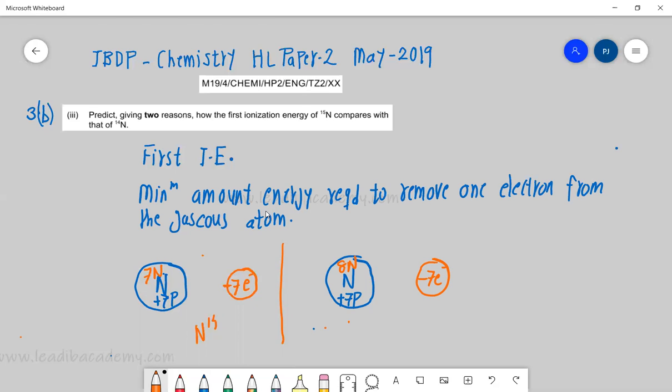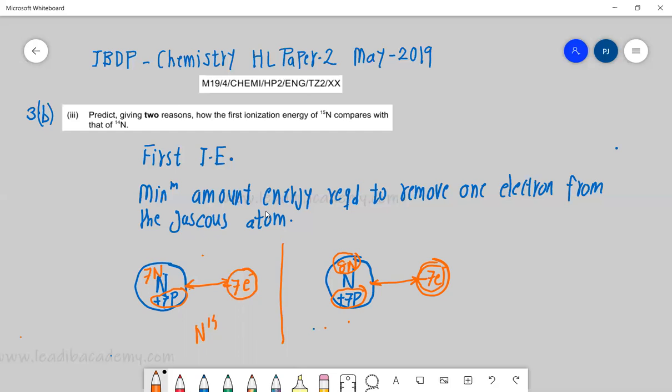Please note that it doesn't matter how many neutrons there are, whether 8, 7 or 5, in terms of the attraction, because the force of attraction is between the positively charged protons inside the nucleus and the 7 electrons outside. So in both cases that is identical.